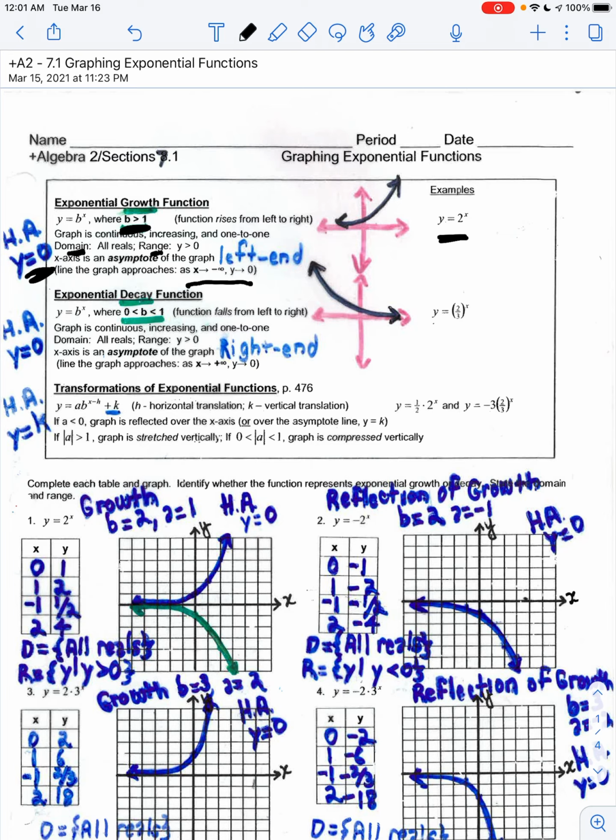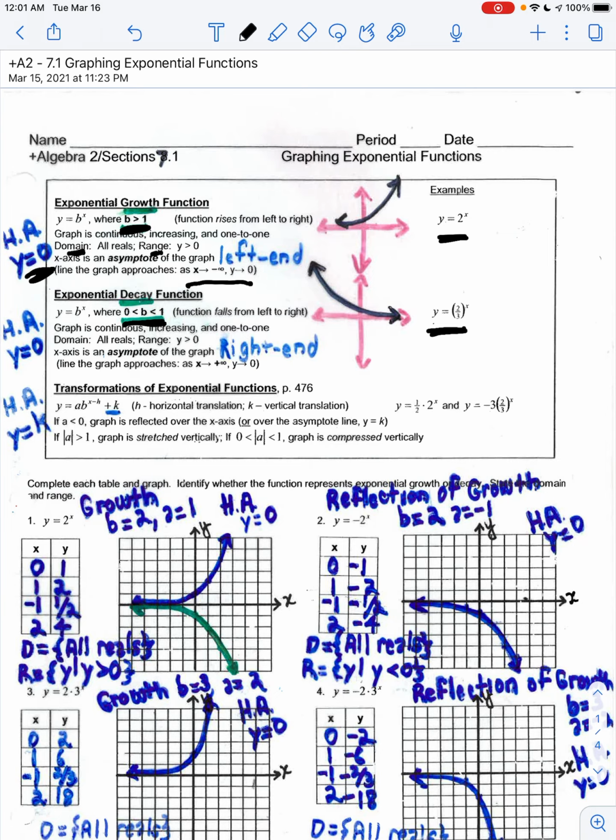Exponential decay graphs look like you see there to the right. They fall from left to right. And what distinguishes a decay graph from a growth graph is the value of the base. It is a number between 0 and 1, a fraction or decimal. An example, y equals the fraction 2/3 raised to the x.